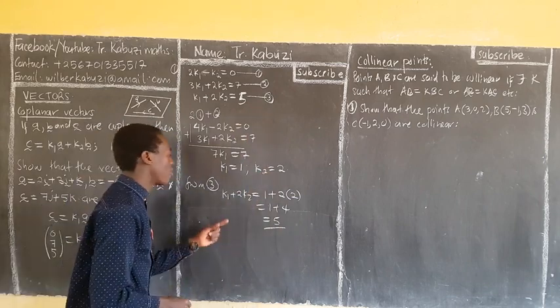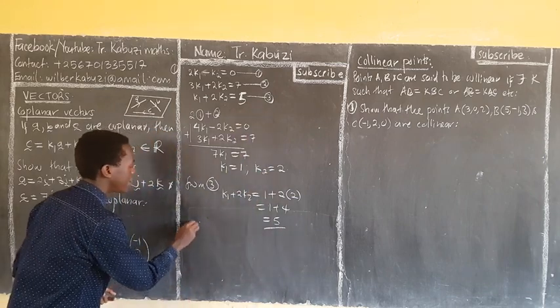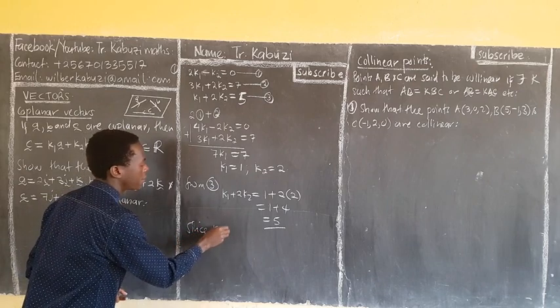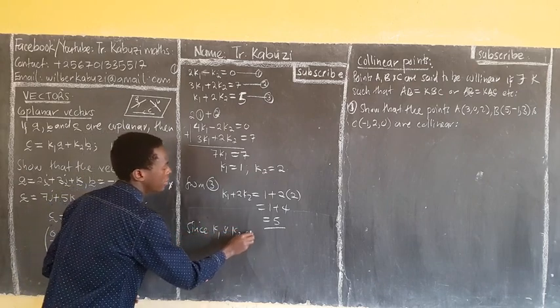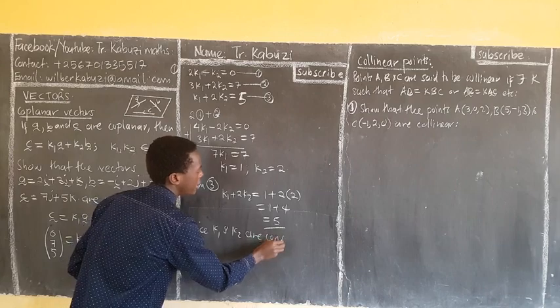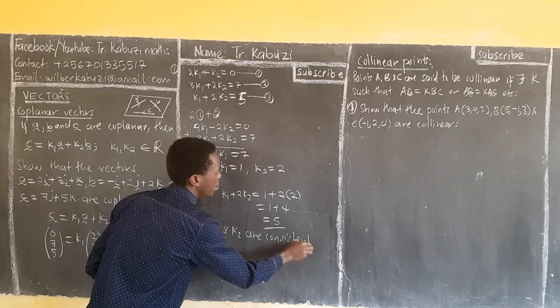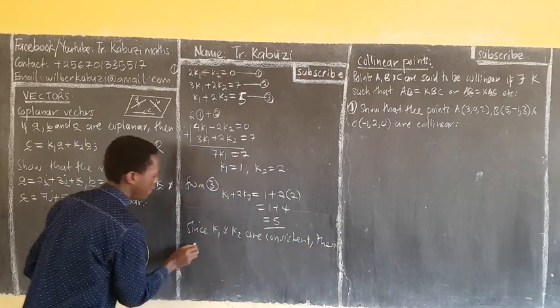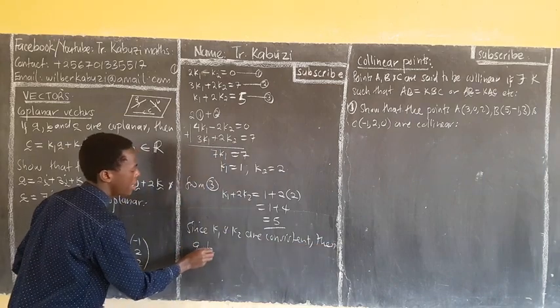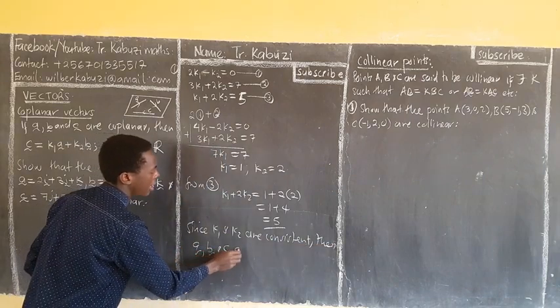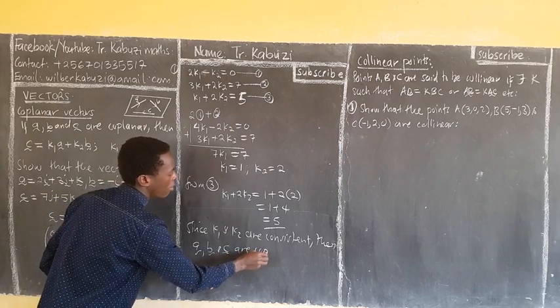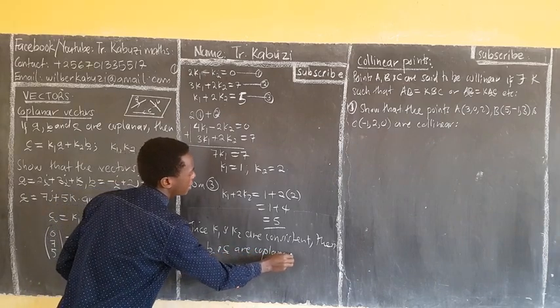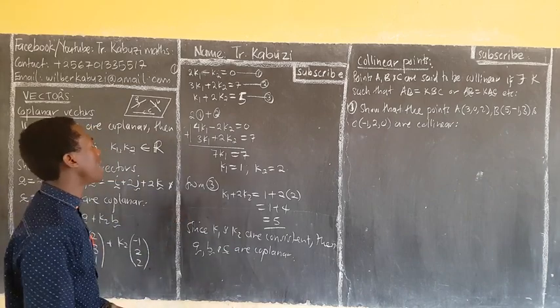And you see that we conclude that since K1 and K2 are consistent, vectors A, B, and C are coplanar. So there, you see that they are coplanar.